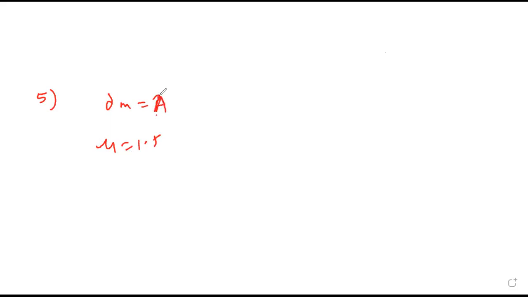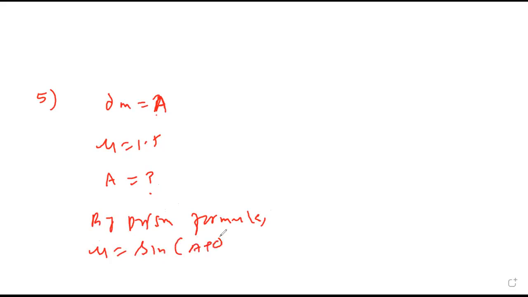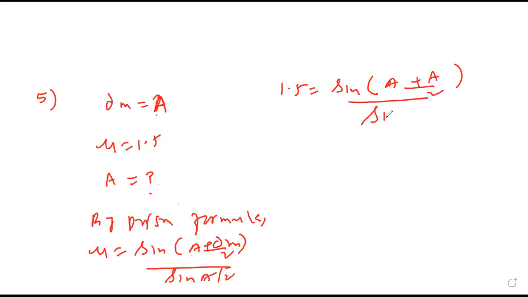Delta M is A. By the prism formula, mu is sine of A plus delta M upon 2 divided by sine A by 2. So 1.5 is sine of A plus A upon 2 divided by sine A upon 2.